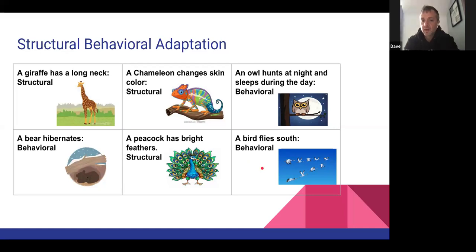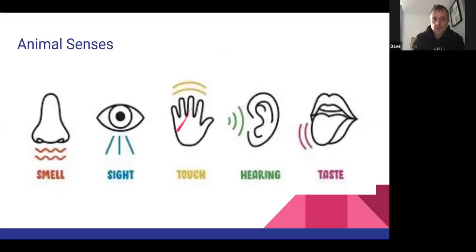And then of course we have birds flying south for the winter in a V formation. It is behavioral because it gets cold up in the northern part. They fly downwards where it's warmer. So that's their behavioral, okay? So for structure, think of the outside, and for behavioral, think of the way they act, all right?